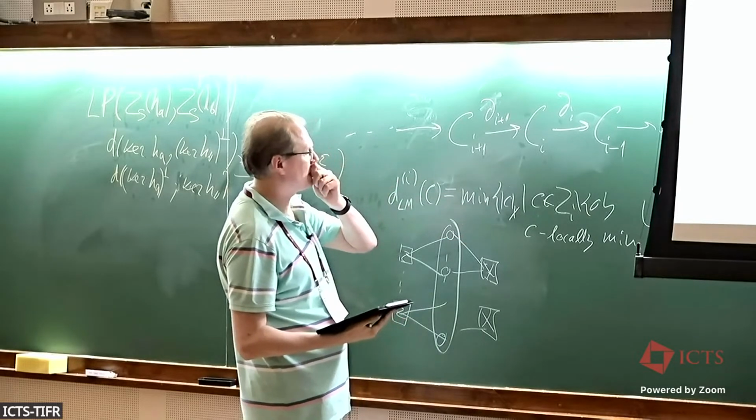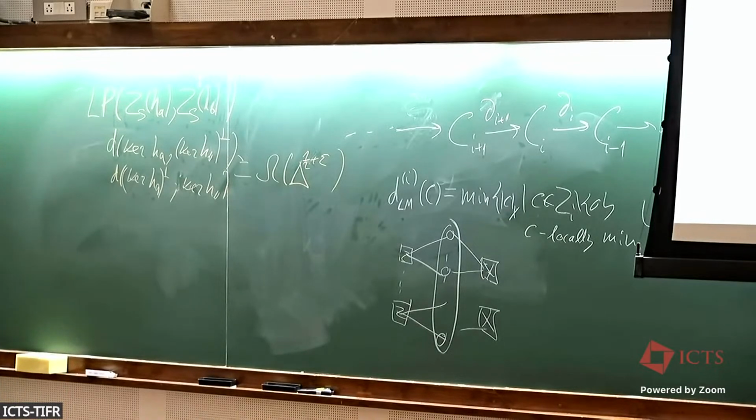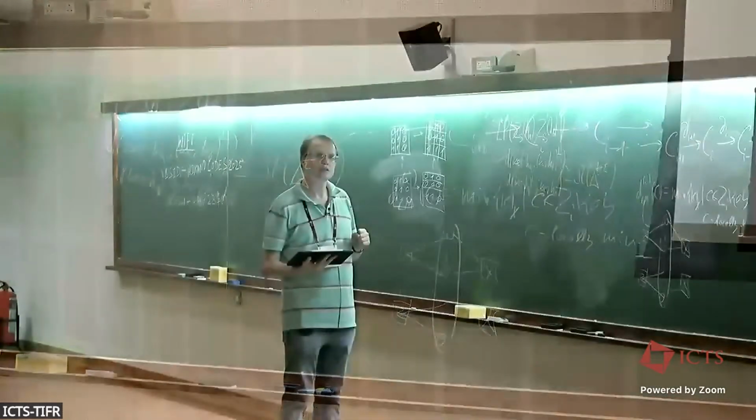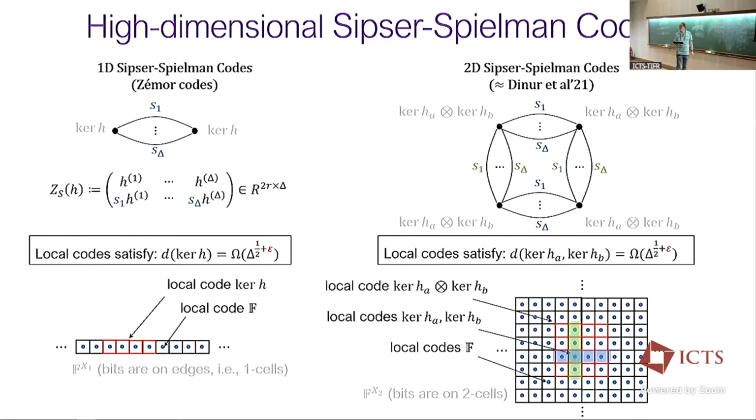What, for example, if you have some code words which are degenerate, but you cannot decrease their weight locally?